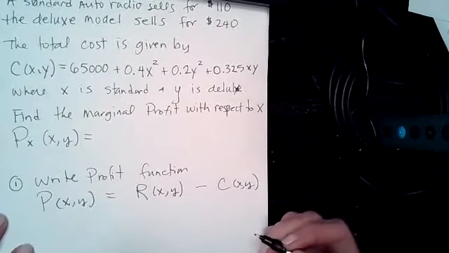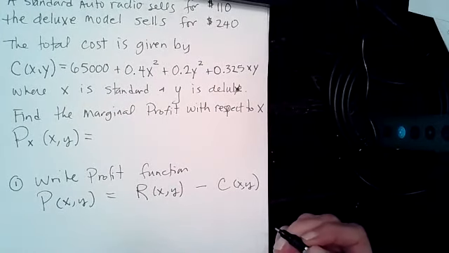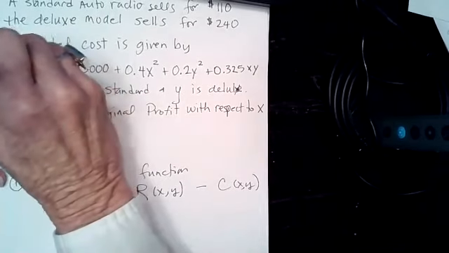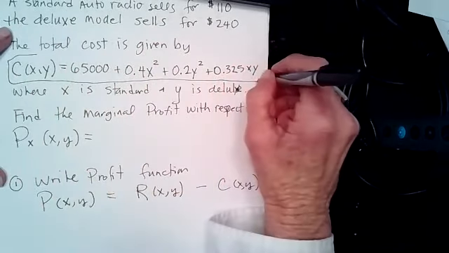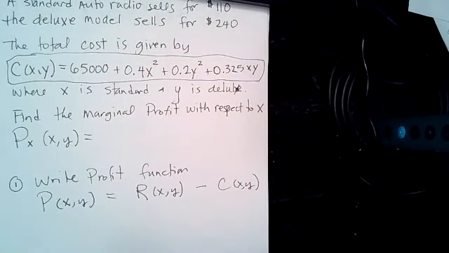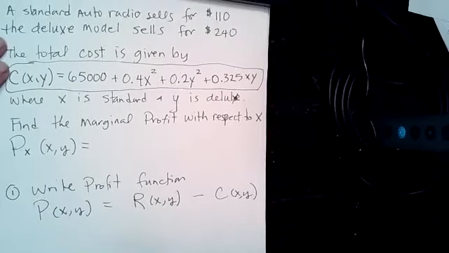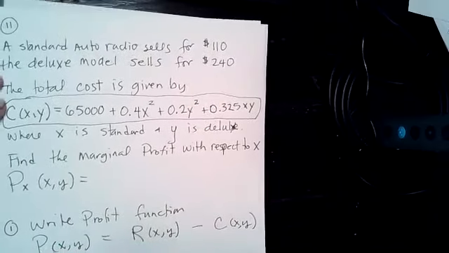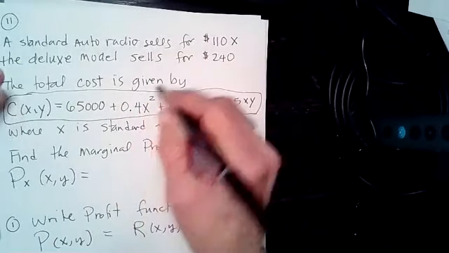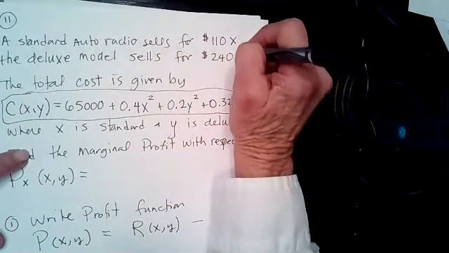We know that. Profit is revenue minus cost. Okay, all right, so they've given me my cost function, but they haven't given me my revenue function. X is standard, and then deluxe is Y, okay?